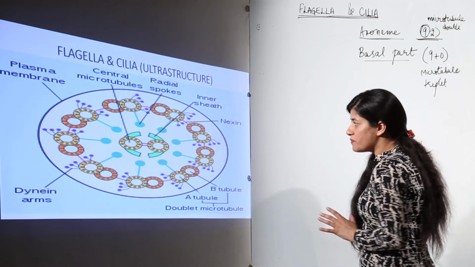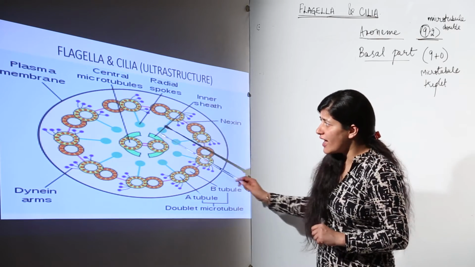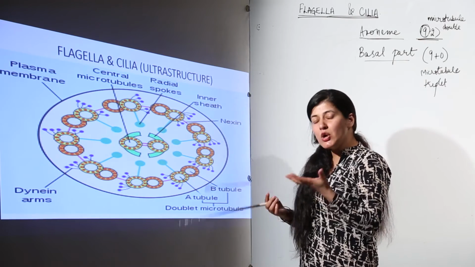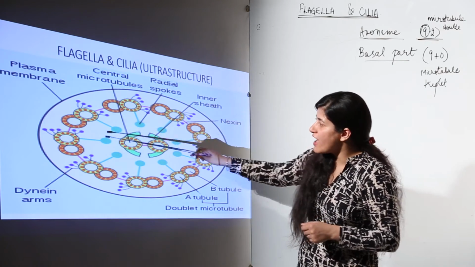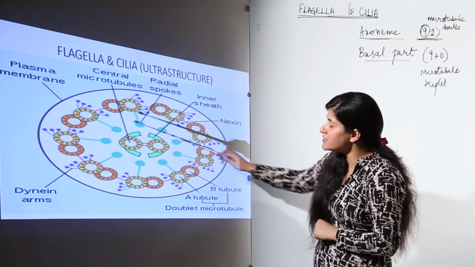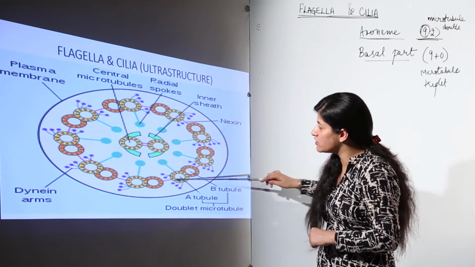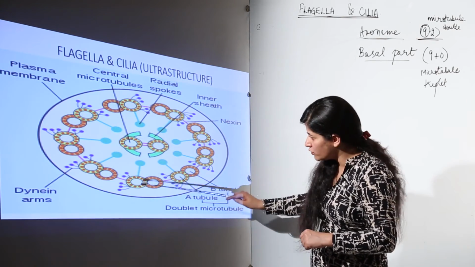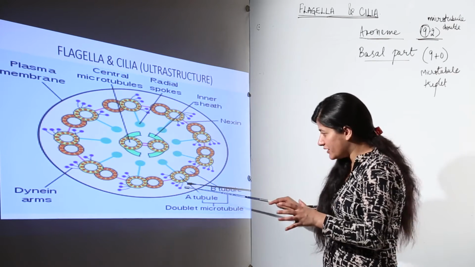Let me repeat it: we have microtubule doublets which are in close association with each other. With every movement, these microtubules are moving. For now, you have 9 pairs of microtubules, each with an A tubule and a B tubule; you can remember it that way.